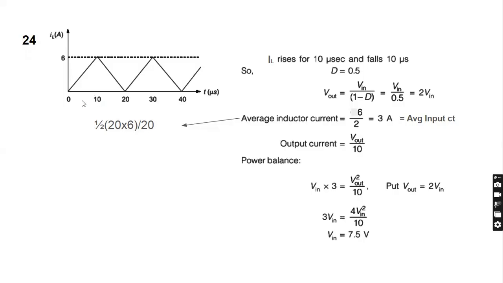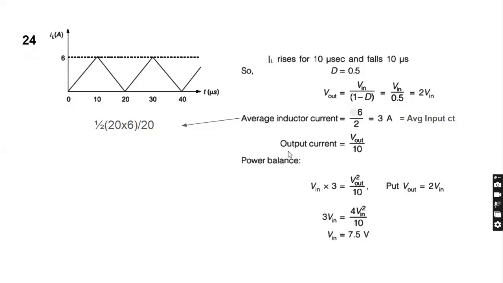So we can write half into 20 into 6 divided by 20, which will give the average inductor current as 6 by 2, which is 3 ampere. The inductor current and the source current are both the same. So the average inductor current is equal to the average input current, that is the source current.